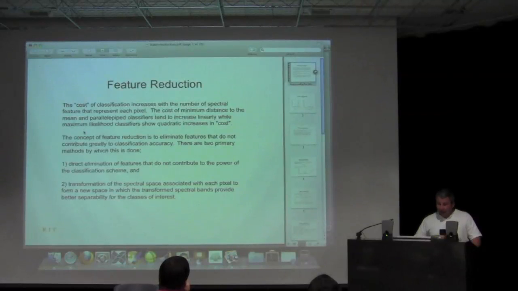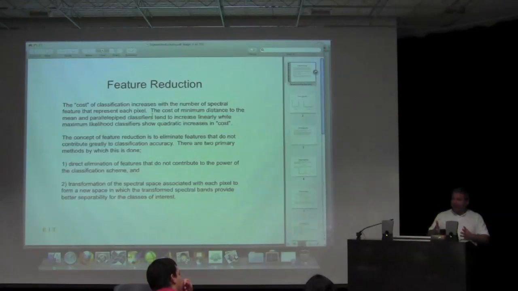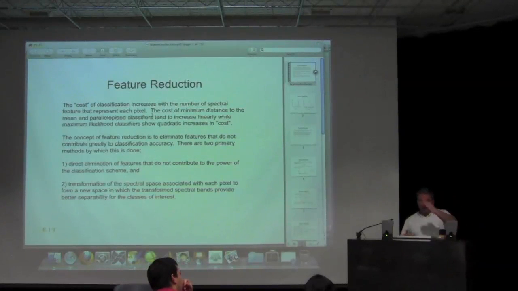All right, so the cost of minimum distance to the mean and parallelepiped type classifiers, these were very straightforward. These were compute a Euclidean distance, see whether I'm between two bounds, for a particular band. As you increase the number of bands there, the computational speed of these kinds of algorithms tends to go up linearly.